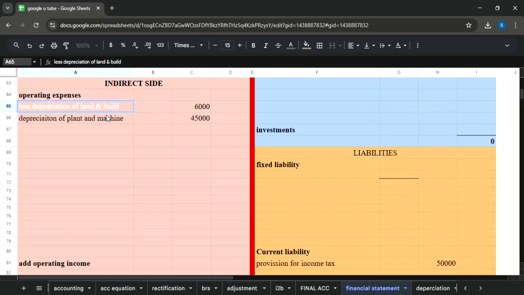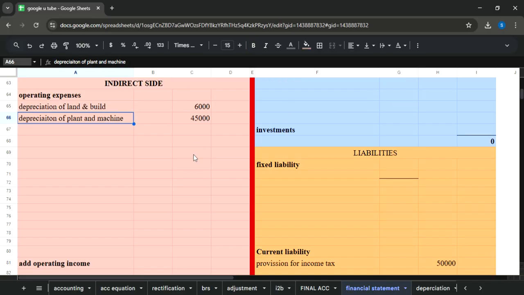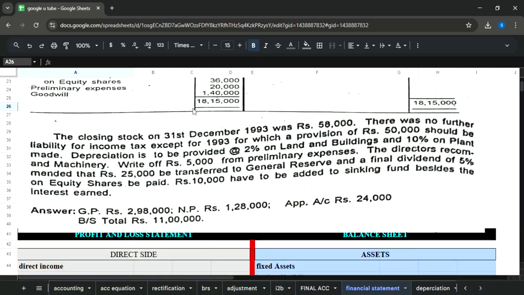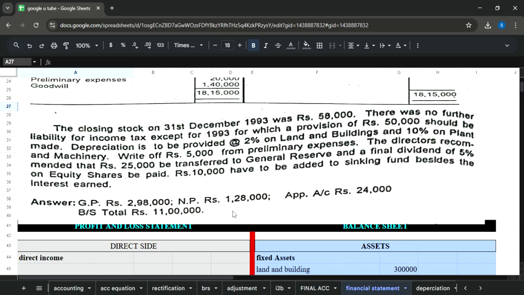So guys, in this way you have seen that two depreciations are completed: first depreciation on land and building, second on plant, and these two depreciations are also mentioned on the operating expense side. The value of land and building was 3 lakh, and 2% depreciation is completed.